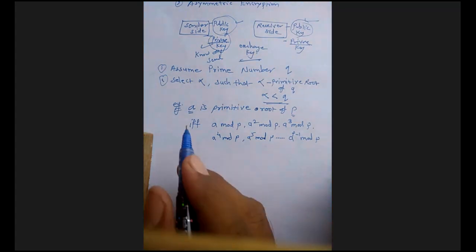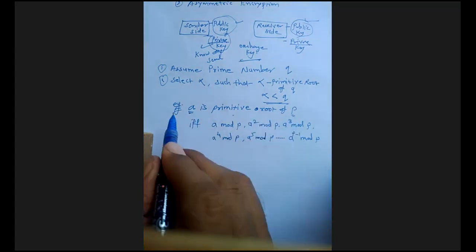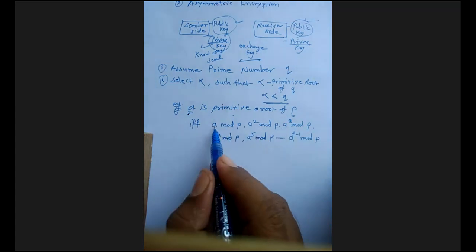Understood? Suppose I have said A is a primitive root of P, and the A value and P value I have taken, any number. I start from A mod P, the first one.